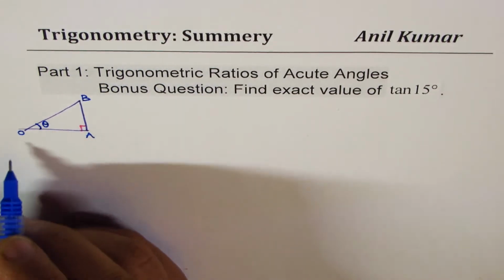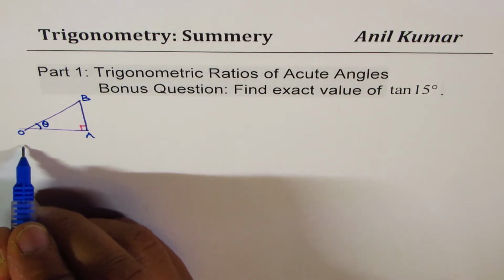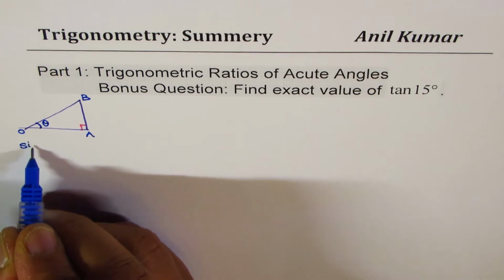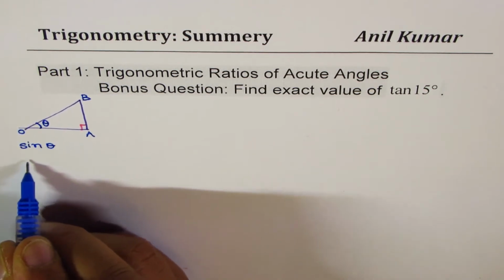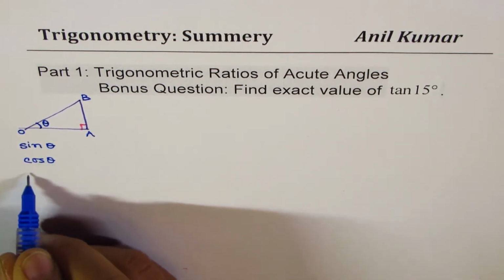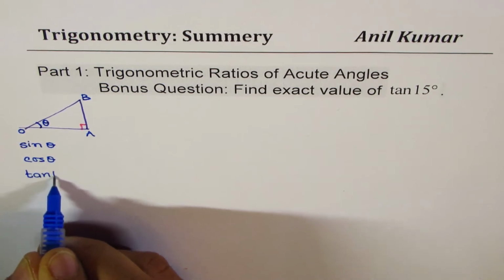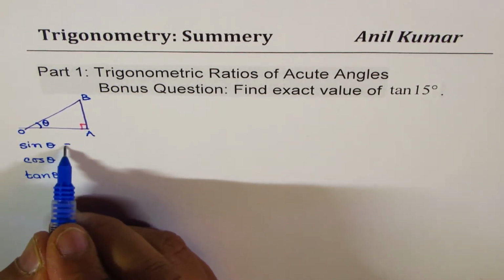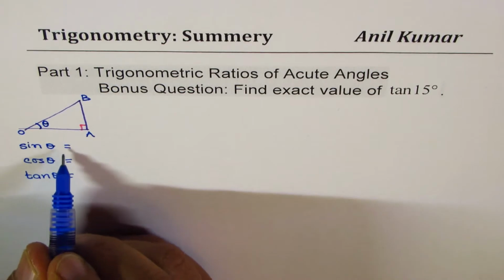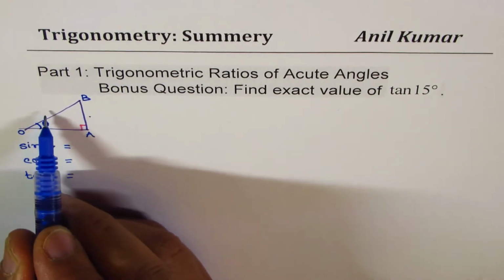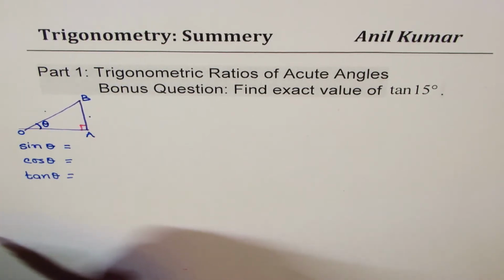Now trigonometric ratios, which are primary trigonometric ratios, are basically sine theta, cos theta and tan theta. So these are primary trigonometric ratios. Sine theta is a ratio of opposite side to hypotenuse in any triangle.